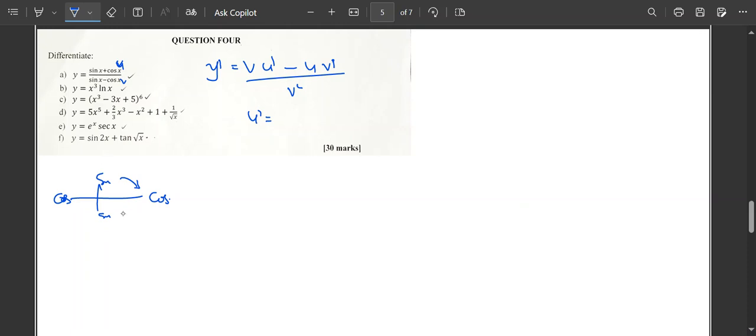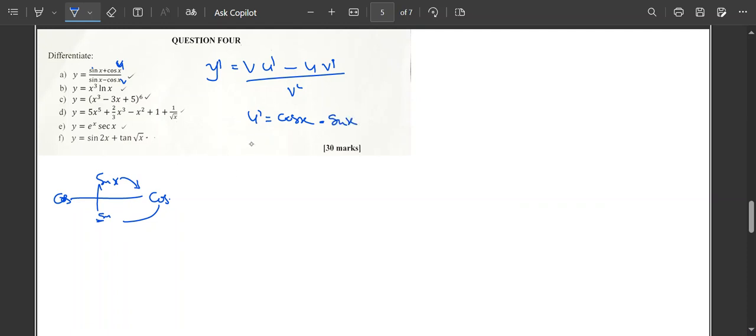So like this you're differentiating, like this you're integrating. So if I have for you on top there sine x, differentiating this one will give us cos x. Then cos x gives us negative sine x, because sine is negative there.